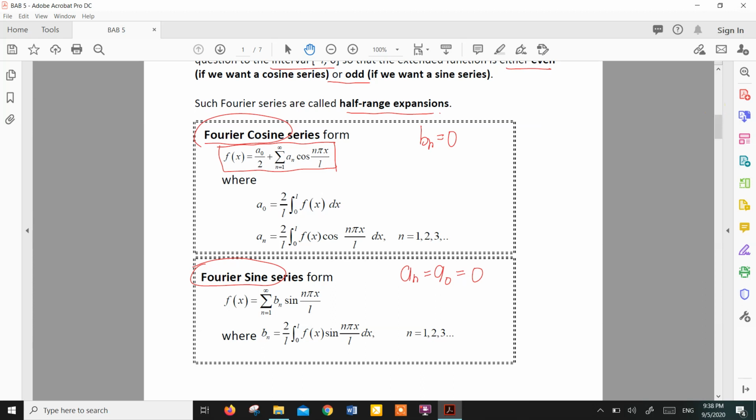For the Fourier sine series, when a0 and an equal 0, you only have bn. So your general formula will be bn sin(n pi x over L). Don't forget the summation of n from 1 to infinity, where bn is given by this formula.